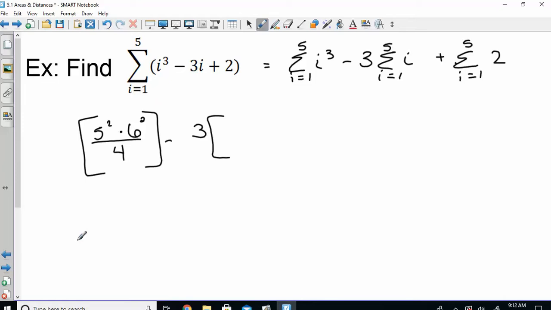The formula for i is n times n plus 1 divided by 2.